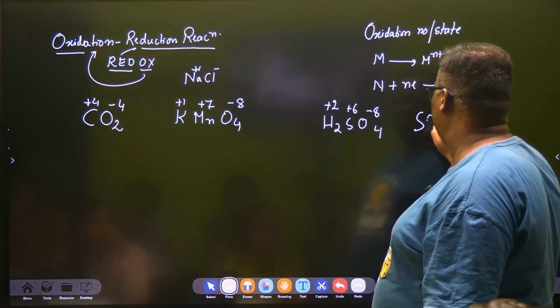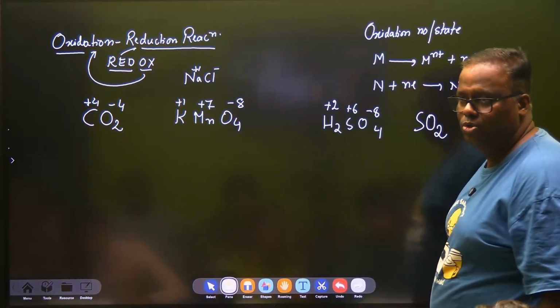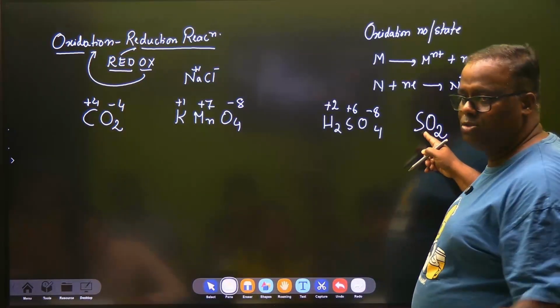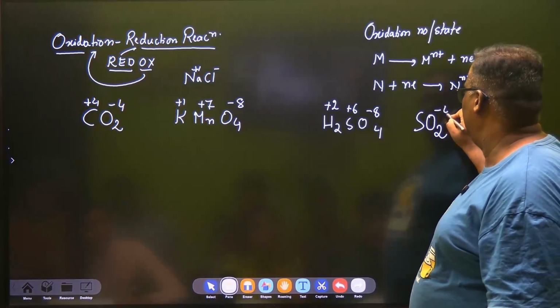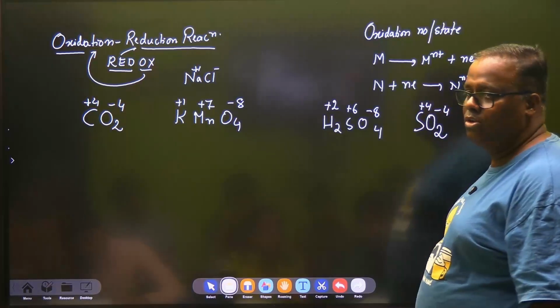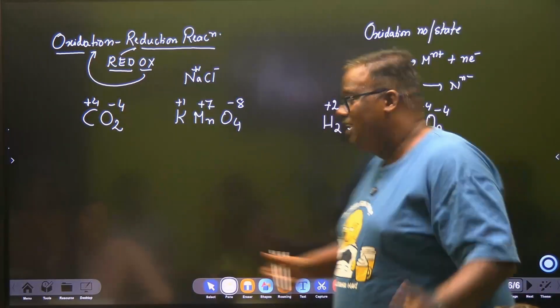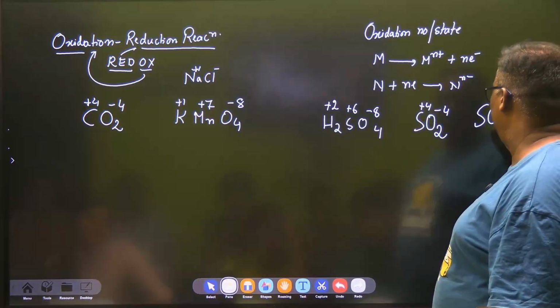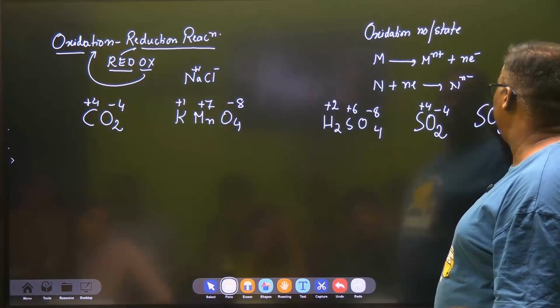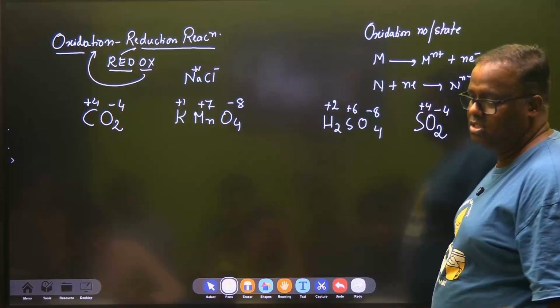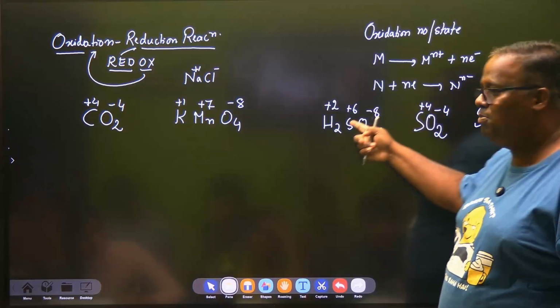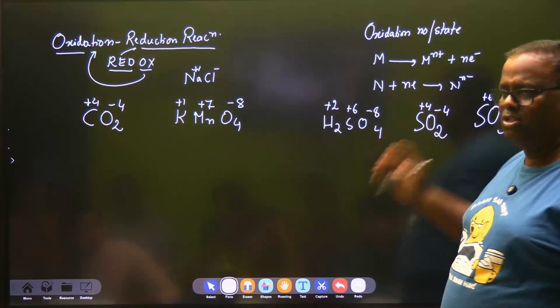Look at another compound called sulfur dioxide, SO2. Here oxygen is how much? -2, so -4. So sulfur is +4 here. Oxidation states can change based on what you are forming. Let's see SO3, sulfur trioxide. Here you are having -6, so this will be +6. See, sulfur comes as +6 and also as +4.